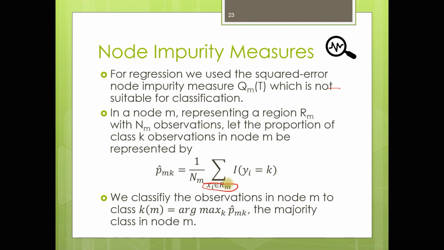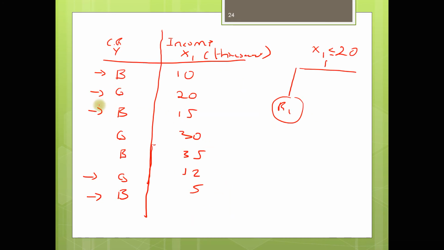Xi in our first example would be our observations xi belonging to a certain region R1. So x1, x2, x3, x6, x7 here belong to region R1 based on this decision, based on this split point and split variable that I've decided.